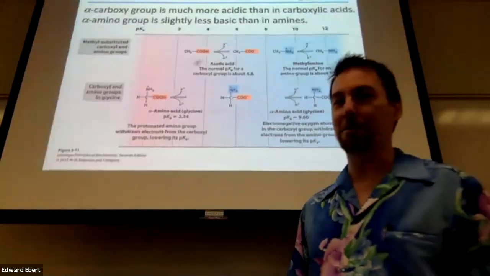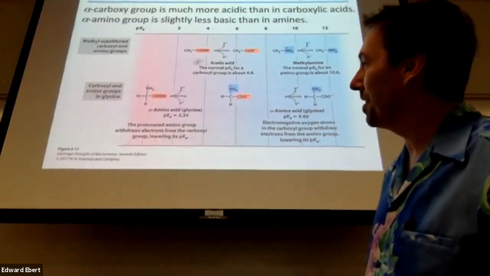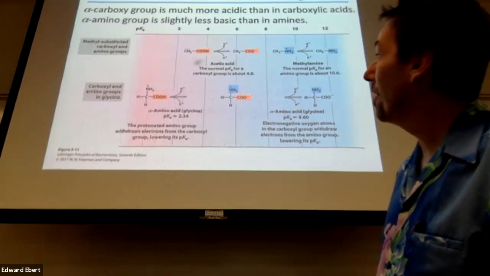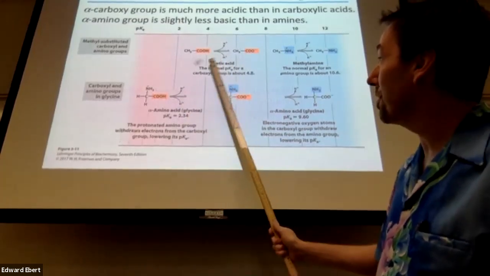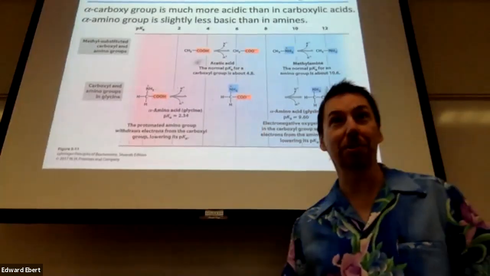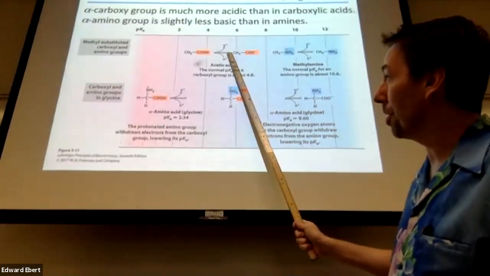So, now we're starting to get crazy. Okay. So again, this is a good figure, 3.1 in here. If you look at, say, acetic acid, we saw acetic acid has a pKa of 4.76, and it just depends on that carboxylic acid coming off of here.